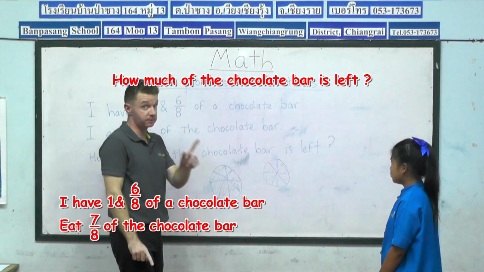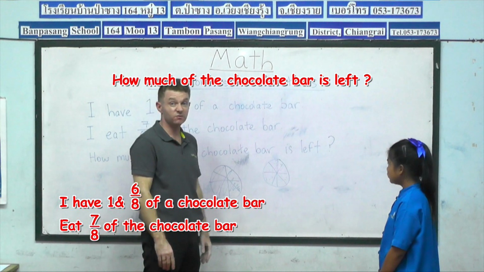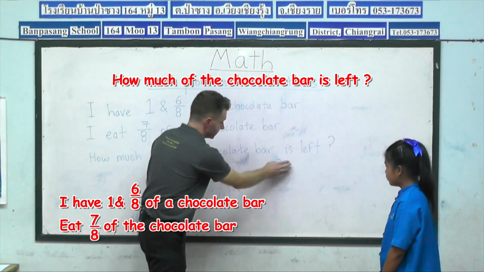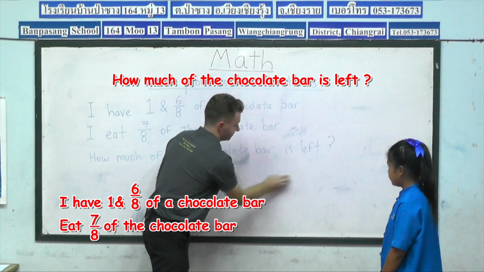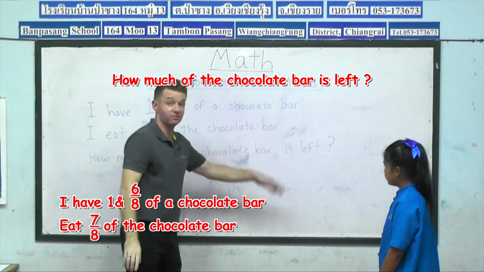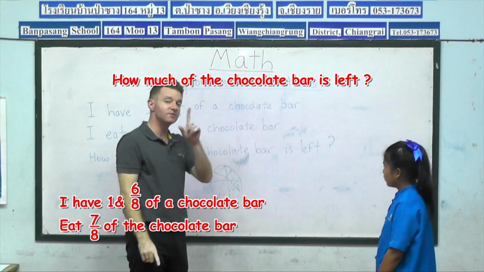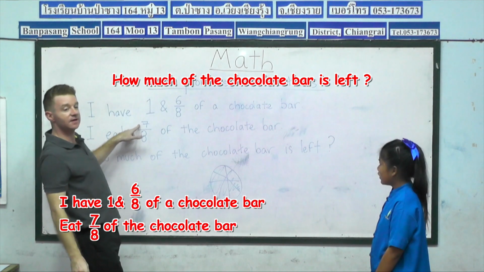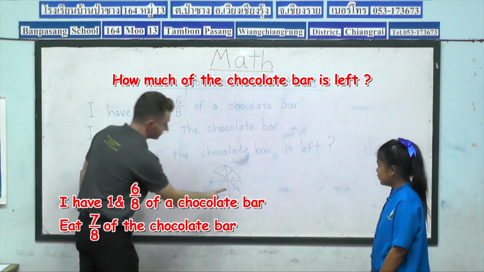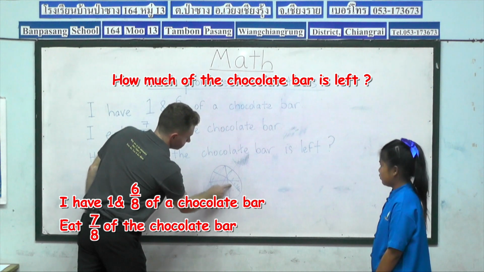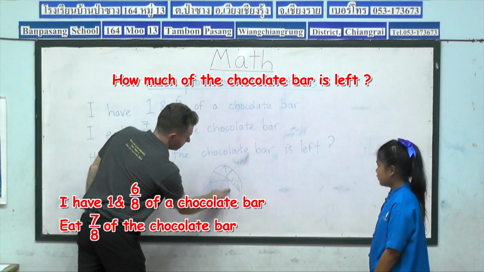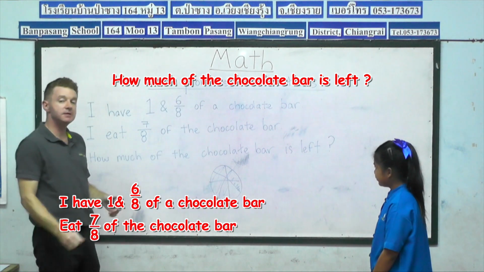Okay, 6 pieces. Now this bar of chocolate is finished. It's empty. So let's delete that. We don't need that anymore. But we've only deleted 6. How many do we need to delete? 7. So let's delete one more piece. Now, how many pieces do we have?